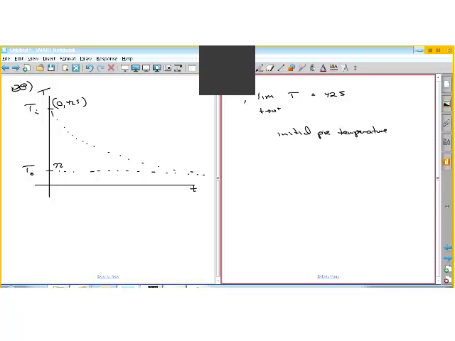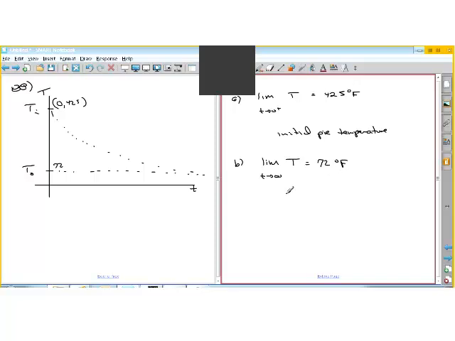And for part B, it's asking what is the limit as t approaches infinity. That's equal to 72. And they put degrees Fahrenheit, so we can put that there. Degrees Fahrenheit.